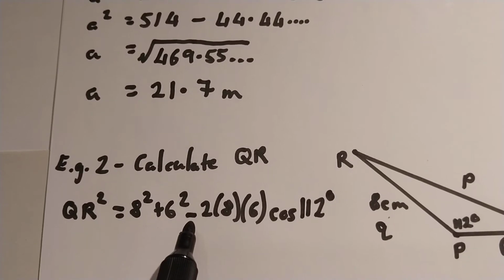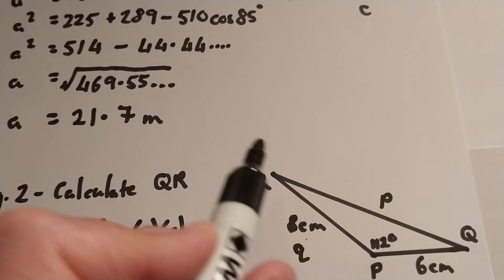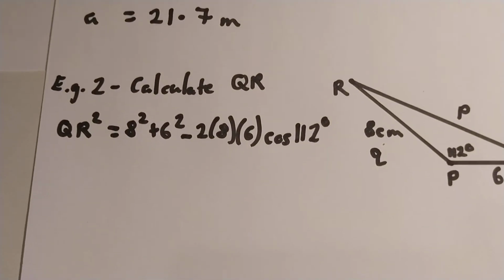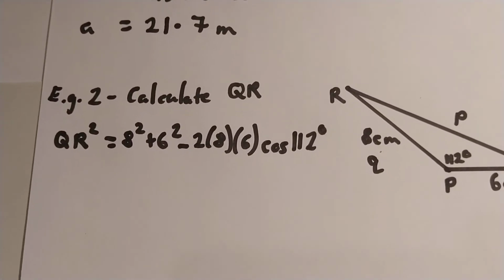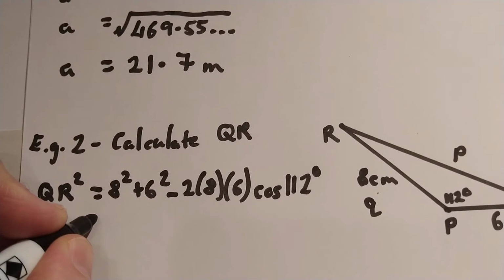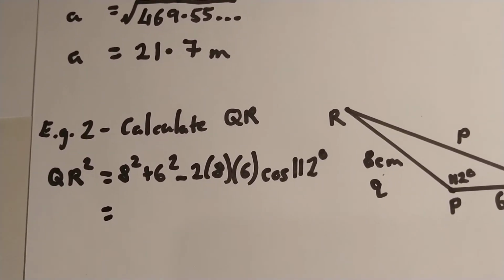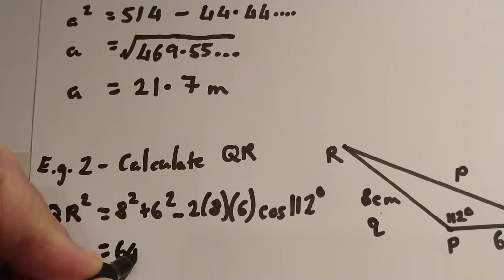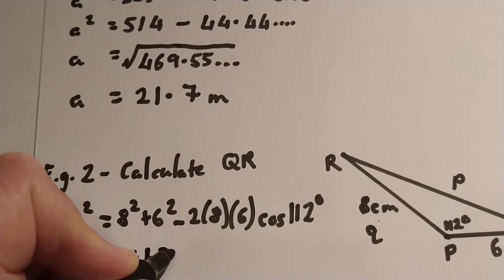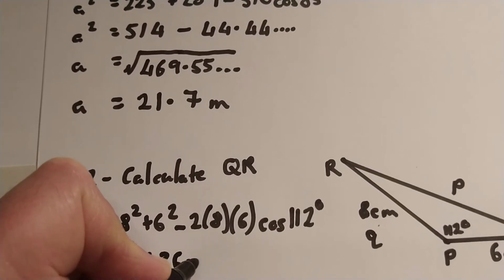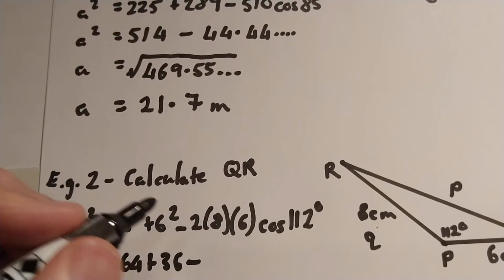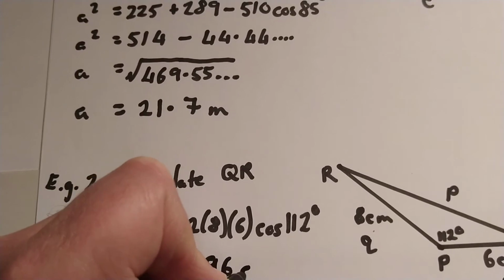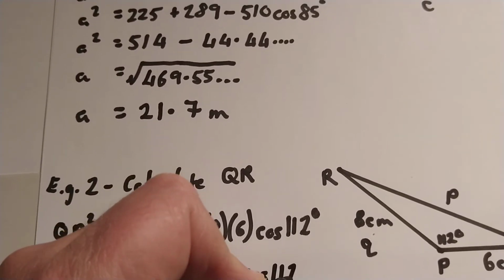I've got to take away here, but I know I want this side to be longer. Trust the maths. Another great thing about the cosine rule, it always works. So, plug in the numbers. 8 squared, obviously 64, plus my 36. 2 times 8 times 6, 8 6 is 48, 96, cos 112 degrees.